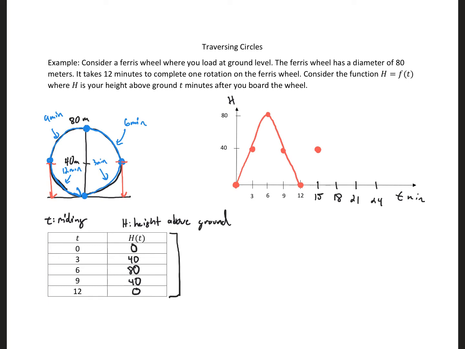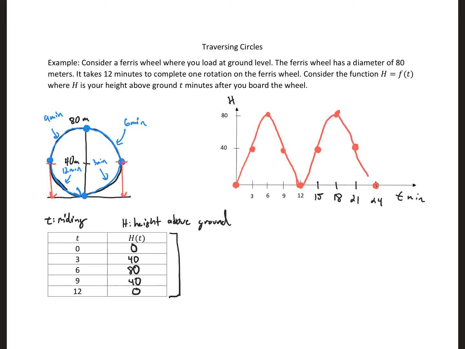At 18 minutes, I'd have gone all the way around the circle, plus halfway around, so I'd be back to a height of 80. At 21 minutes, I'd be at the same height as 9 minutes. And at 24 minutes, I'd have done 2 full rotations and I'd be back on the ground.